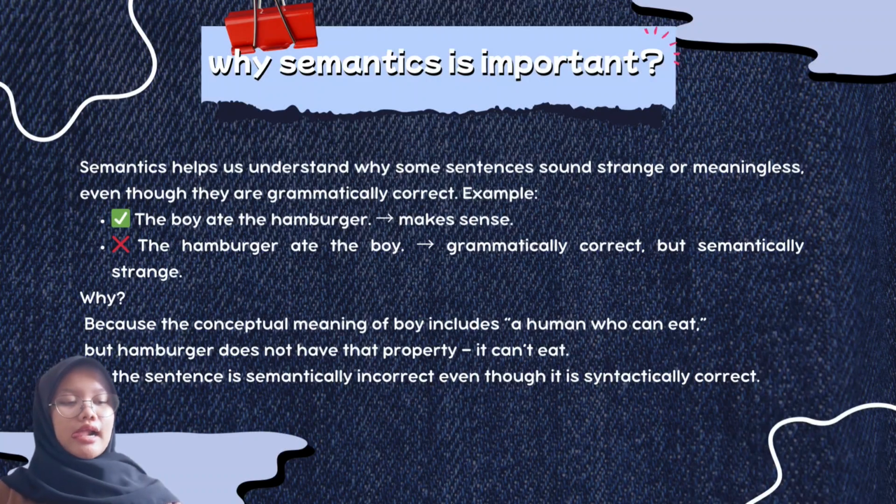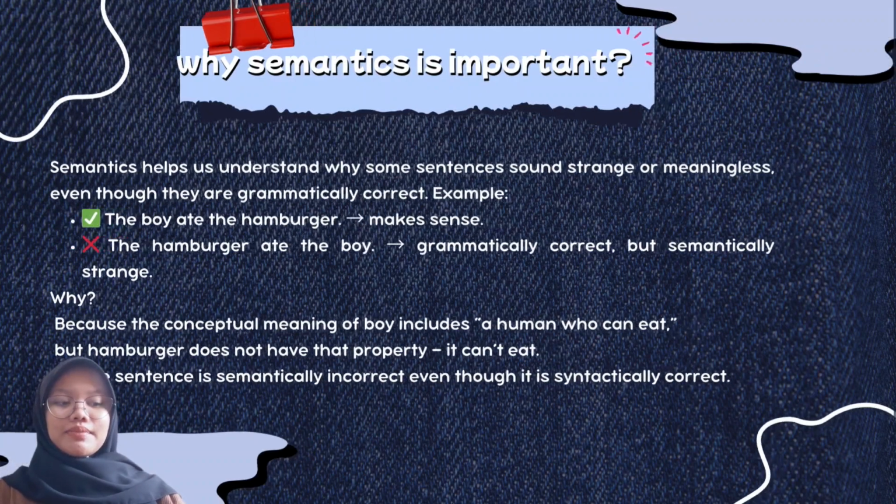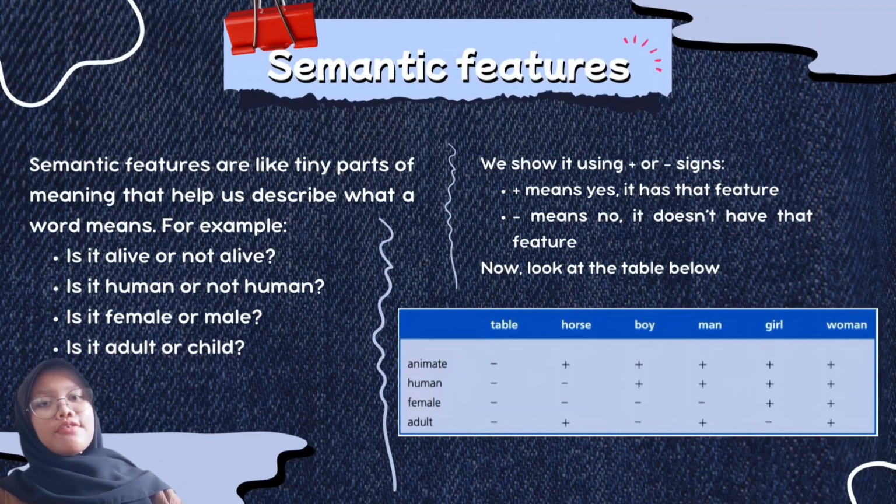Semantic features. Semantic features are like tiny parts of meaning that help us describe what a word means. For example, is it alive or not alive? Is it human or not human? Is it female or male? Is it adult or child?